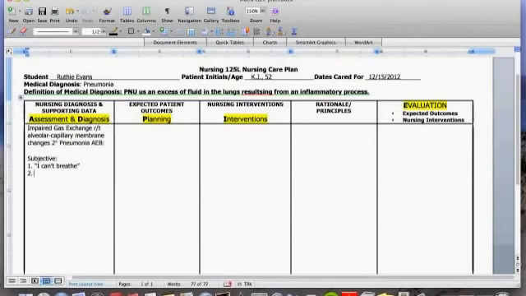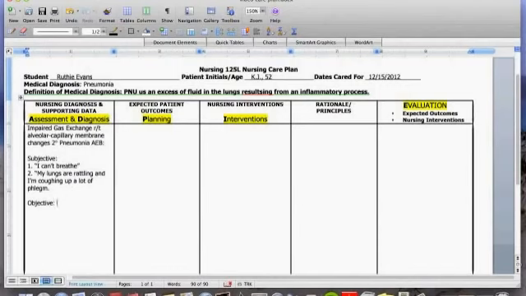Maybe your patient wakes up and says, my lungs are rattling and I'm coughing up a lot of phlegm. Okay, fair enough. Now we've assessed our patient, and we're going to write in the objective information that we've seen.